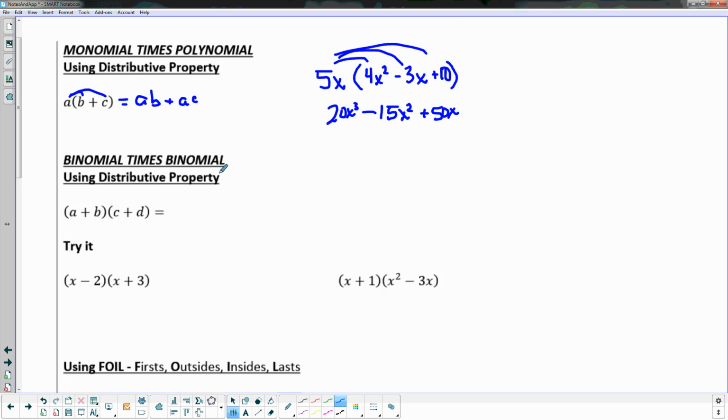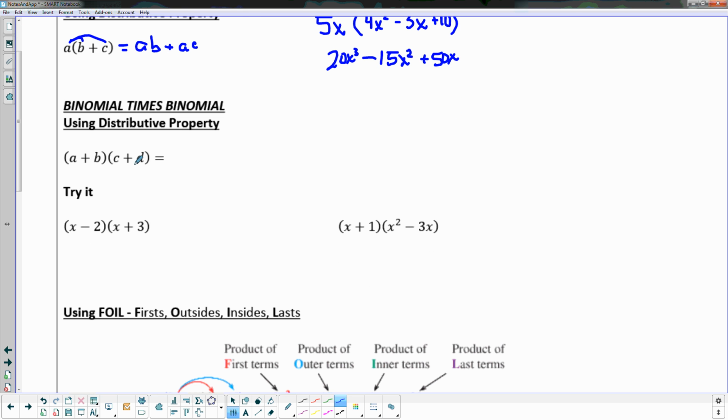Make it easy. Okay? Next part I'm going to look at is when I have a binomial times a binomial. Now, there's two ways to do it. I want to talk about where our shortcut method comes from.